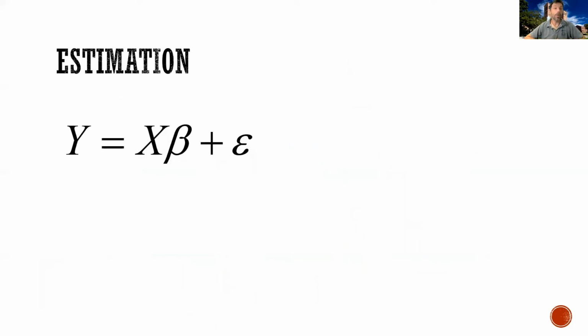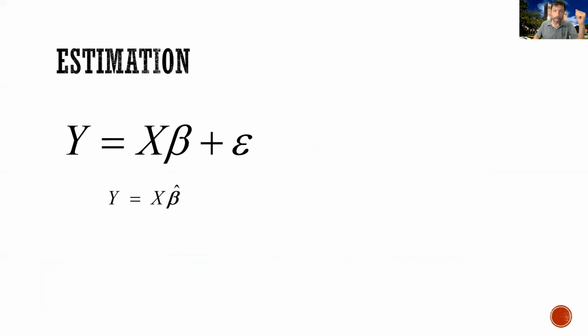So how do we calculate beta? Well, it would be tempting to just say, well, we just take the X, we can invert it on the other side, and then our beta is nothing but X inverse y. But of course, you might realize that X, as you saw from the previous slide, is not a square matrix, so we cannot invert it.